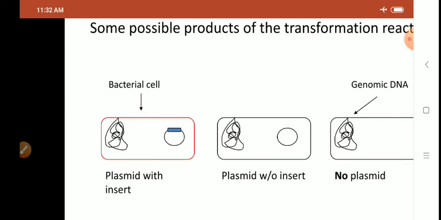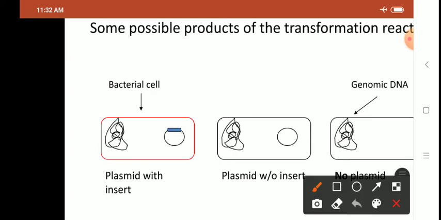When you want to identify the transformed cells, the cells are plated on the medium. And the medium is so designed that it will help you in the selection of only the first type of cells, which contain plasmid with insert. Okay, it will help you in selection of cells transformed with plasmid having insert.